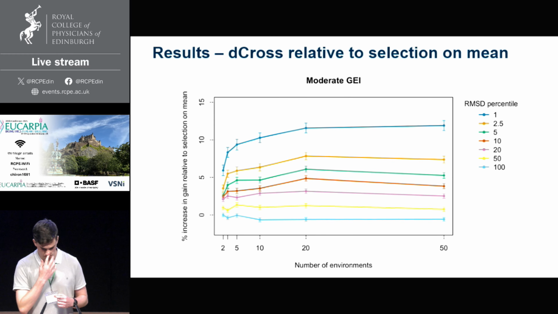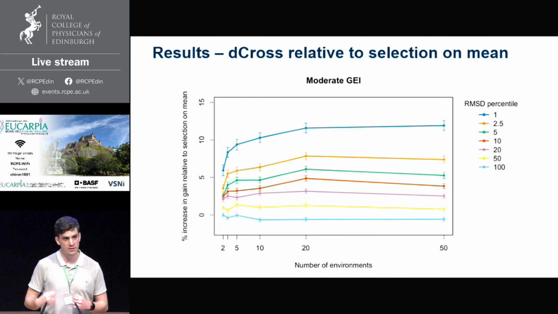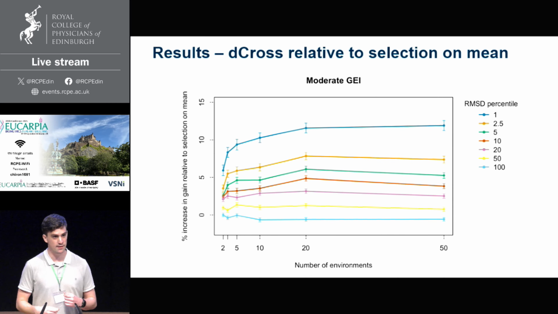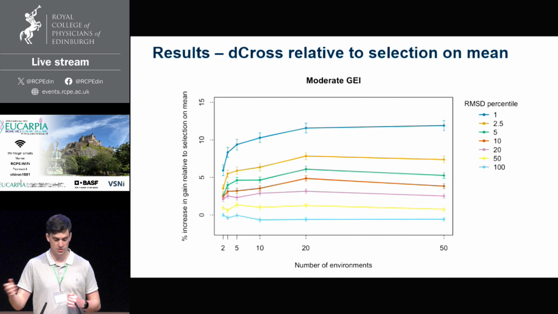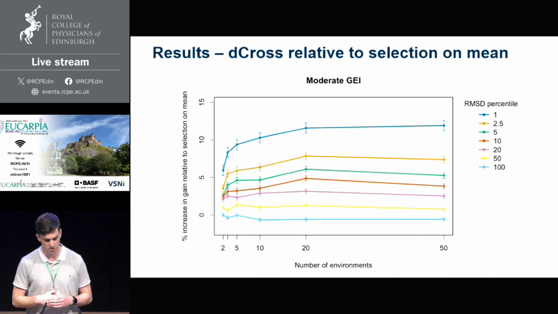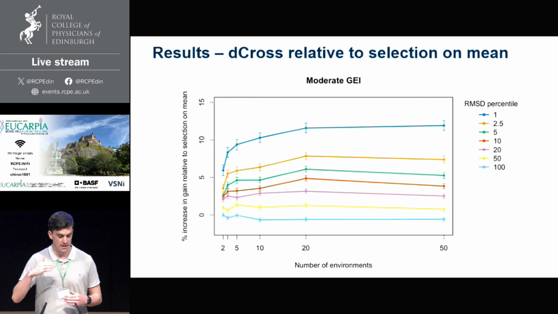And so in terms of results, this is showing the percent increase in genetic gain in the mean that you obtain from using D-cross relative to selection on the mean only. And so on the y-axis, it's the increase in gain I get, expressed as a percentage.